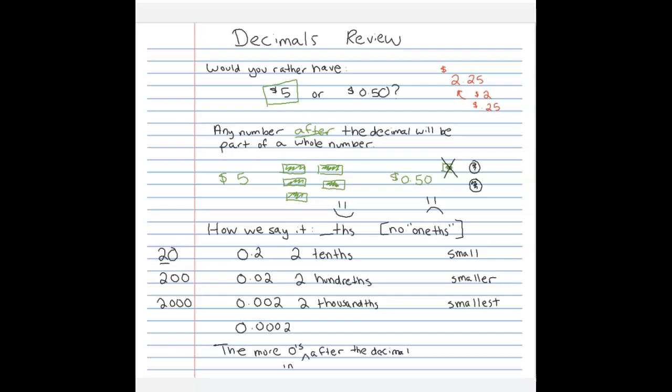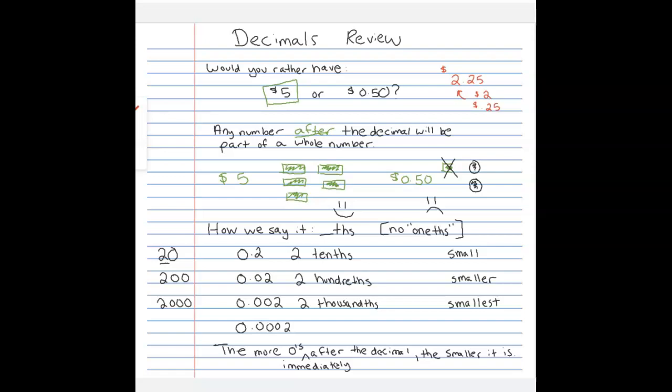I'm going to say immediately. You're reading this and think, Perry, what do you mean by that? So the more zeros immediately after the decimal, the smaller it is. So you get a chance to write that down first.